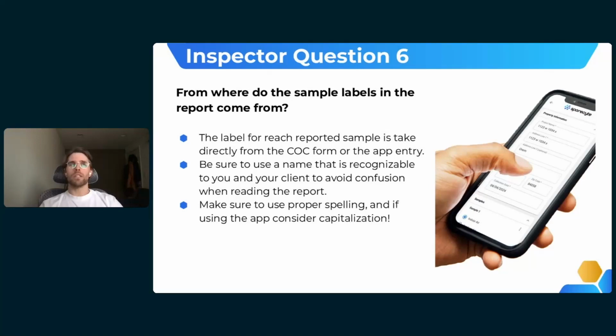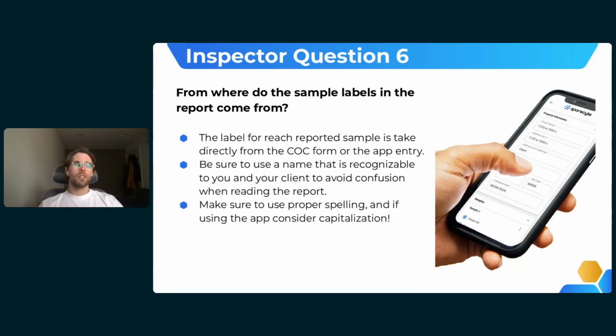That's really critical, because as we receive it in the app or on the chain of custody form is how we enter it in. So on the app, capitalization, proper spelling, and not using shorthand notation or acronyms or other things are pretty critical.